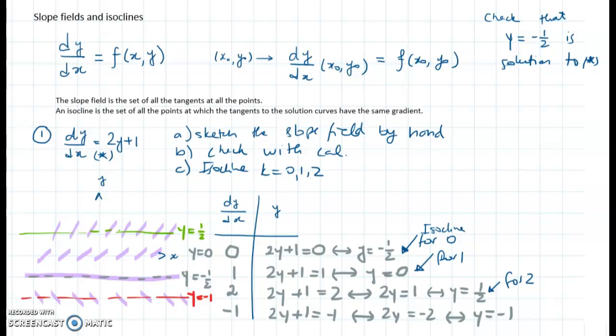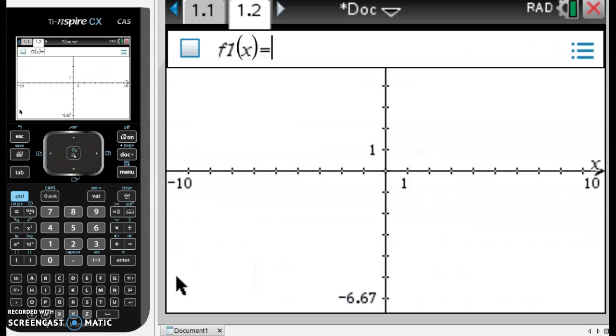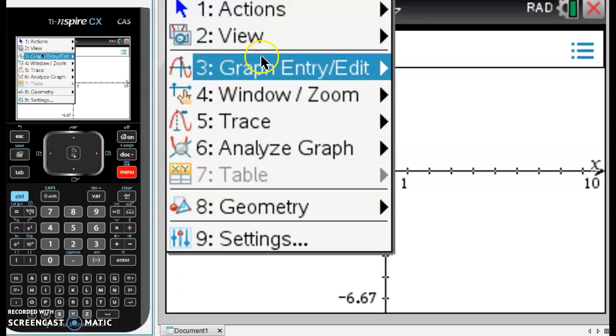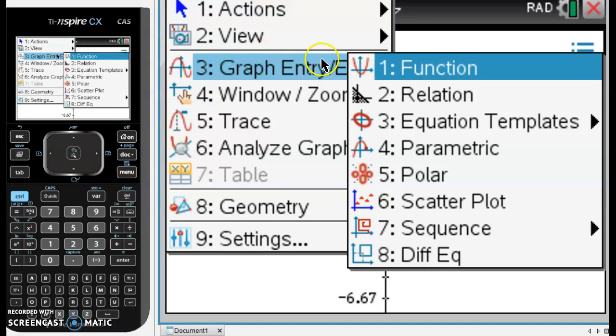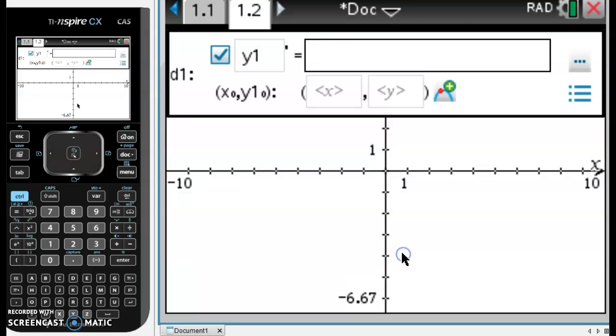The last thing we need to check is how to do this with a calculator. I have a graph page over here. I'm going to go to menu, to graph entry, and I'm going to select differential equation. And I'm going to write here what my differential equation is. It's already written y1 prime, so that will be my dy/dx.